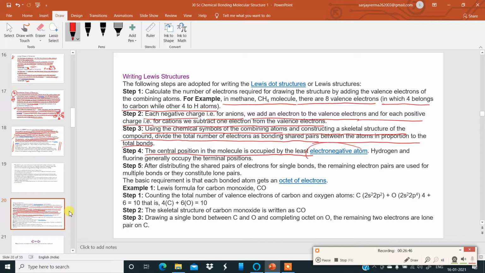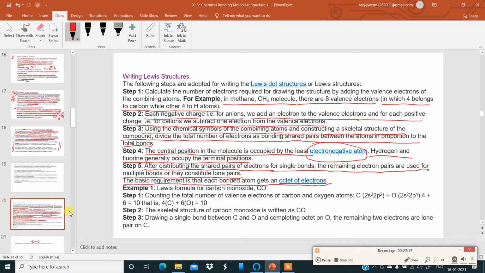The central atom in the molecule whose Lewis structure is to be drawn is taken as the least electronegative atom. Hydrogen and fluorine generally occupy the terminal positions. Remember that. After distributing the shared pairs of electrons for single bonds, the remaining electron pairs are used for multiple bonds or they constitute lone pairs. The basic requirement is that each bonded atom gets an octet of electrons.